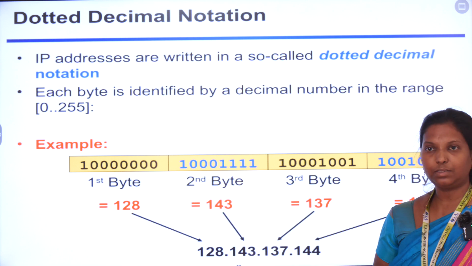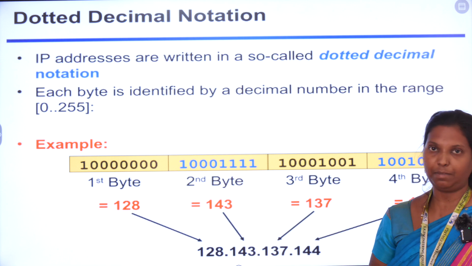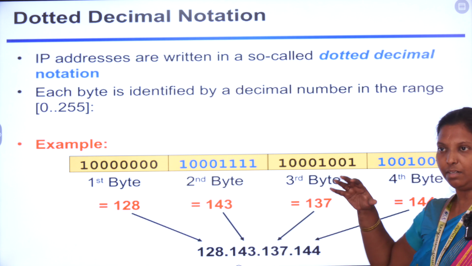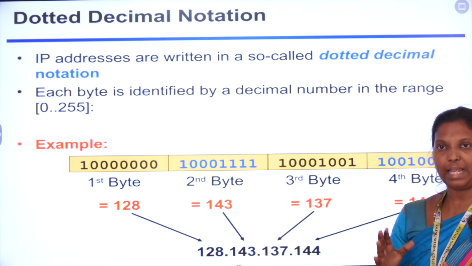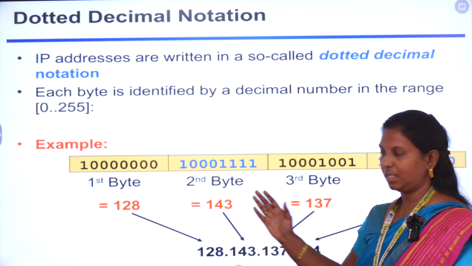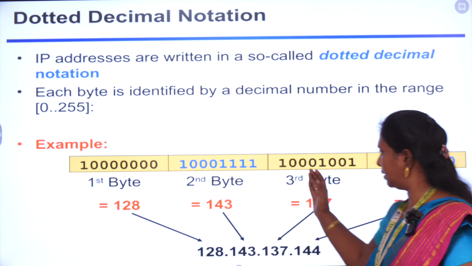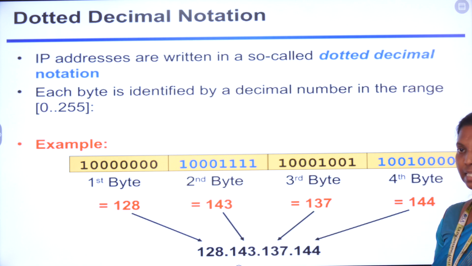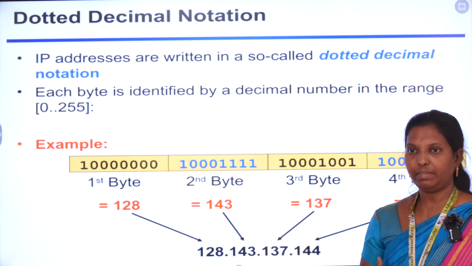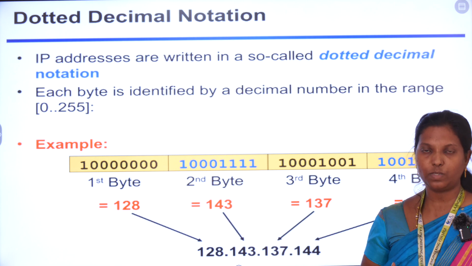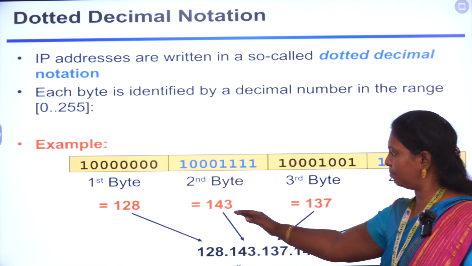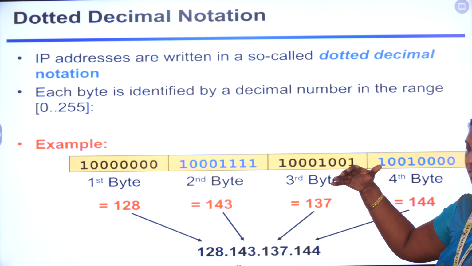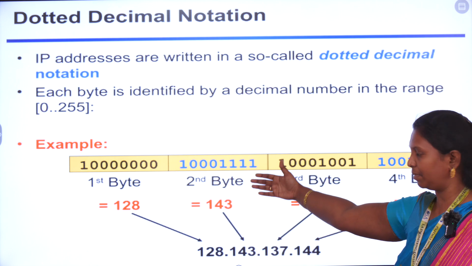And this is the default structure of an IP address. When we talk about these 32 bits, there are 4 divisions of 8 bits each. So the first 8 bits, second, third and fourth. Each byte is identified as a decimal number. As a user, we know only the decimal numbers enclosed here, but in the IP address it is actually binary bits.